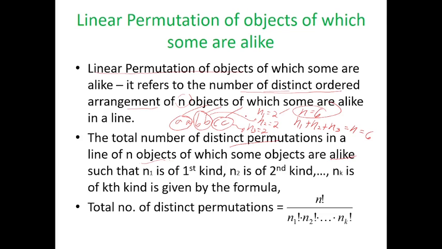In this example, if we follow the formula, that will be 6 factorial over 2 factorial, times n2 factorial, up to the last.